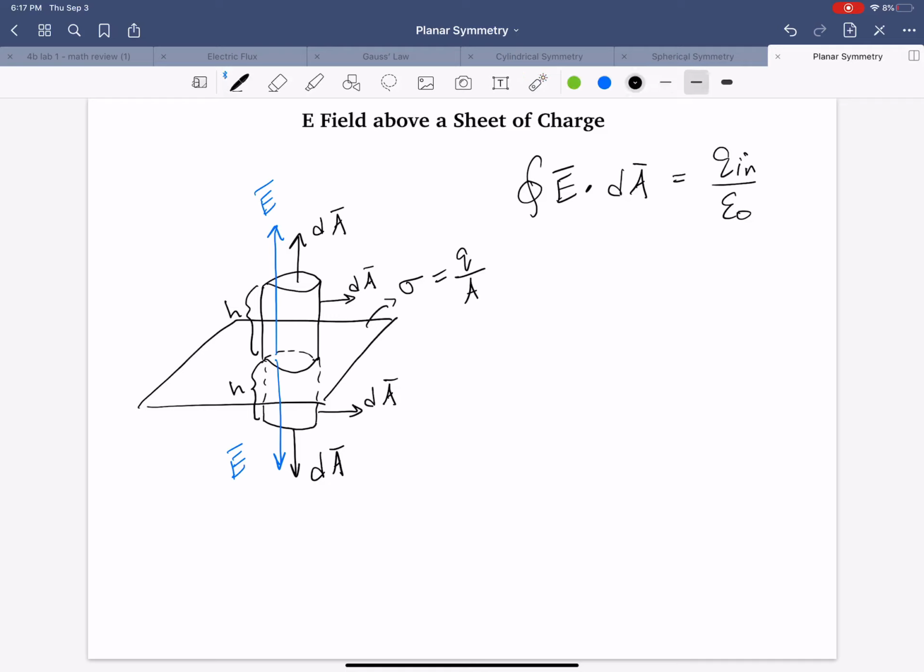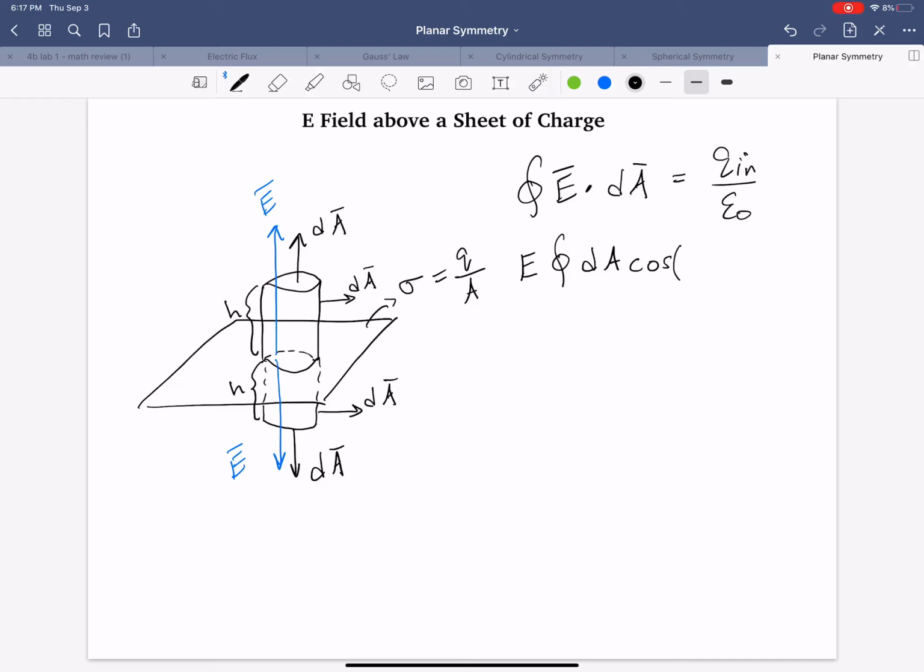Okay? On the left side, we need the electric field to be constant, right? Hopefully it is. Hopefully we've chosen our Gaussian surface to be symmetric such that we can pull out our electric field, right? And we have. So now we have the closed integral of dA, right? And by the way, if we evaluate that dot product, we should have a cosine.